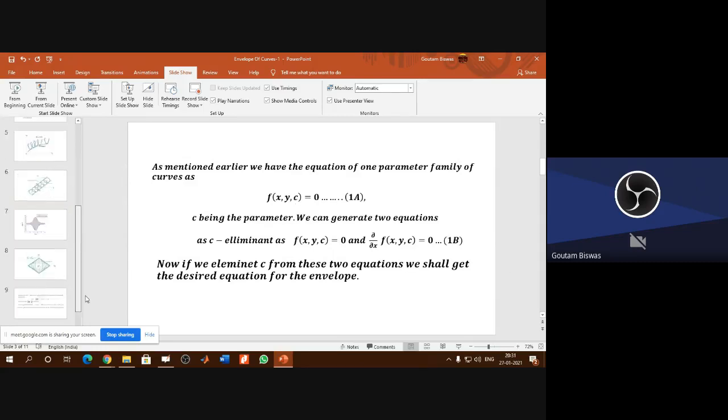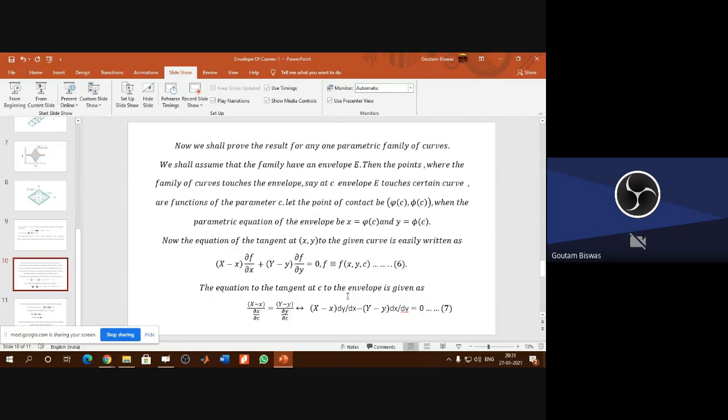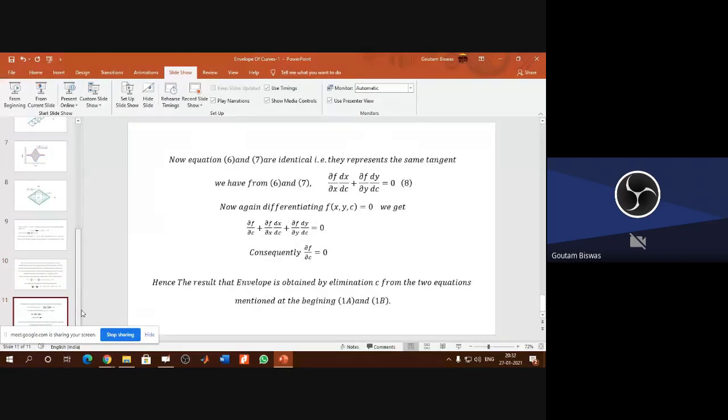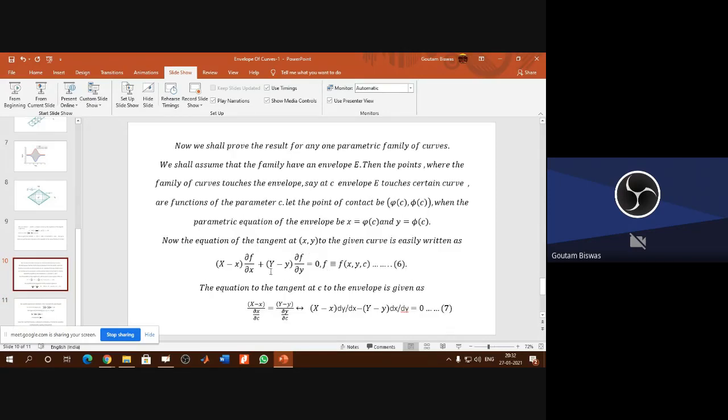Now here, from this equation we got this equation using the identical equation, that is, getting the tangent.